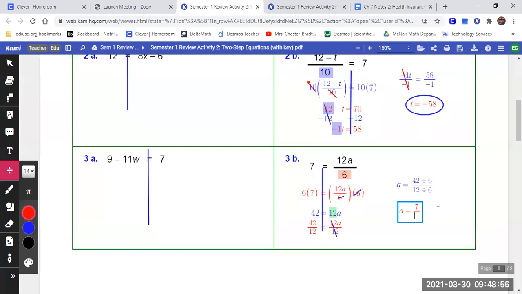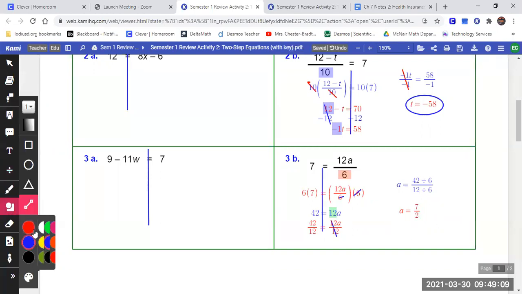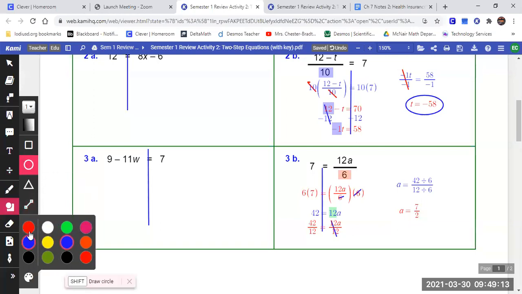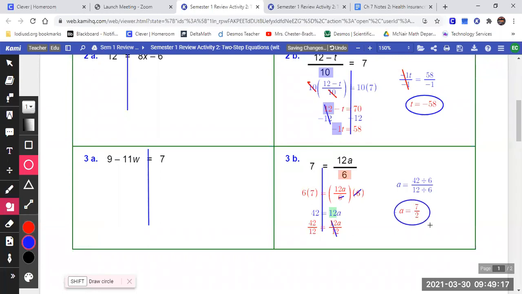And if I do 12 divided by 6, I get 2. And we leave it like that. We leave it as an improper fraction, a simplified improper fraction. We're not going for decimals. We're not practicing decimals right now. We're just getting it as simple as we can.